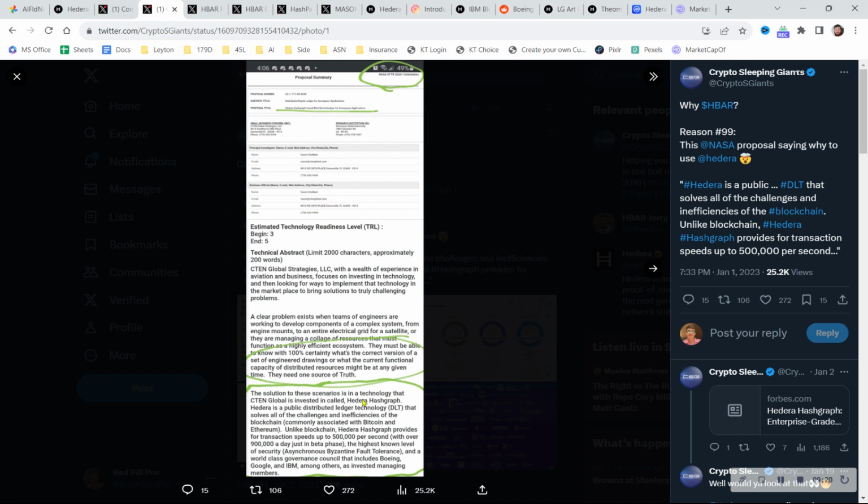They need one source of truth. And this is where HBAR comes in, because it is able to transact so quickly, and it is able to put the information of every transaction across a network of transactions. So everything is in constant contact.